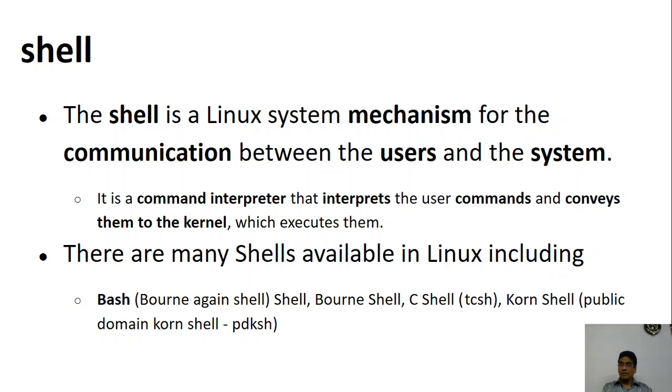We can supply commands via the shell, and the shell interprets that command. If the command is not proper, it will give us an error message saying that the command that you typed is not proper. If the command is proper, then it will give that command to the kernel for execution.